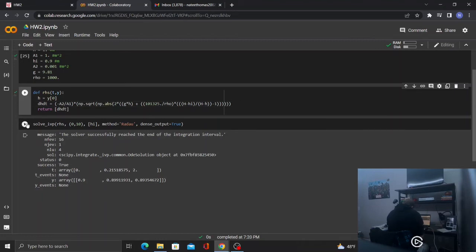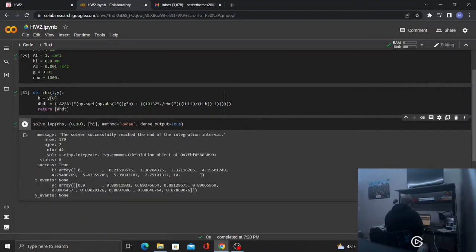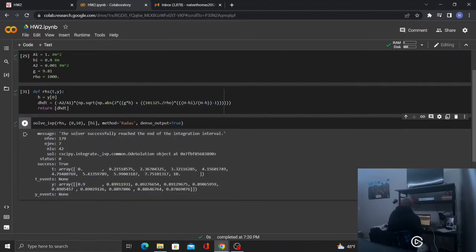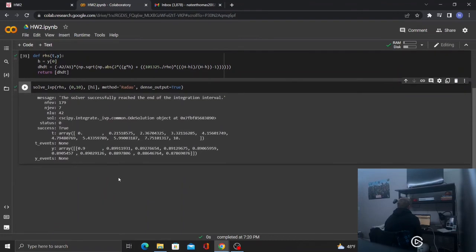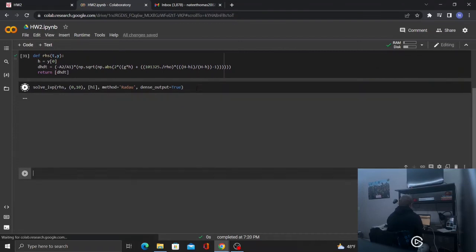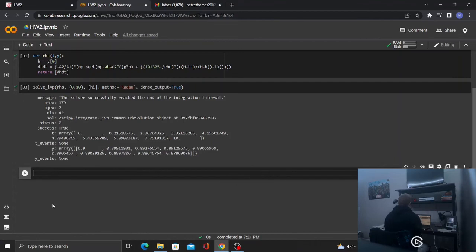And run that, and run this again, and as you can see, now we get some values for our 0 to 10. But again, these will not be the exact values that we will want. And I can show that by plotting it. So we are going to start plotting this.